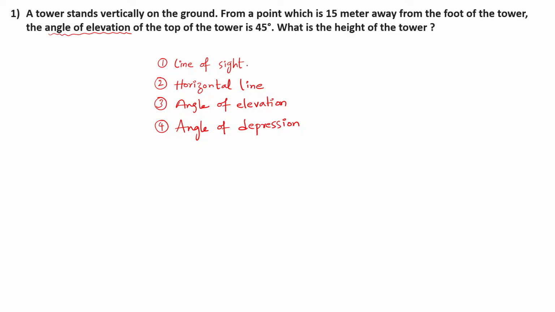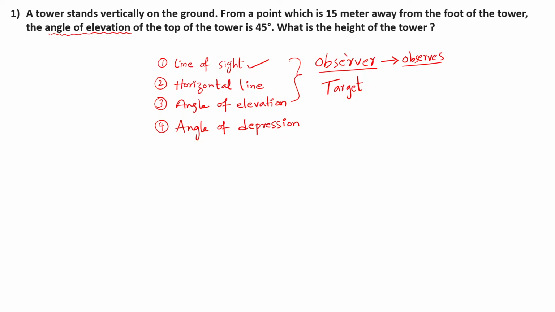So first one, line of sight. Before going to this line of sight, we'll see first one, observer, and the second one, target or destination. Observer is nothing but the person who observes or investigates.